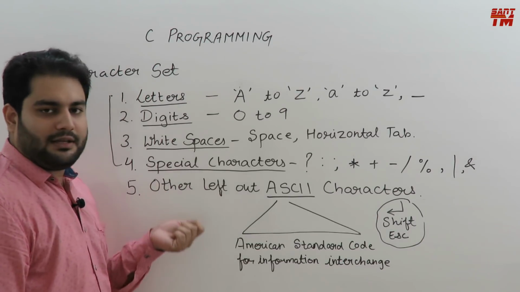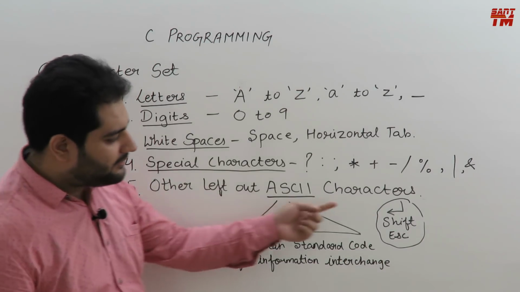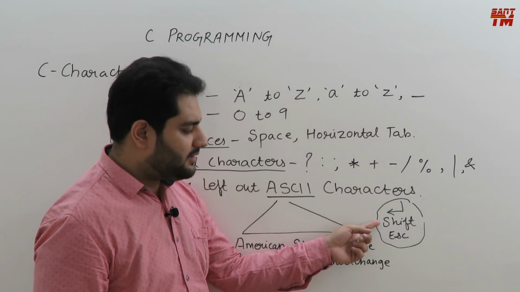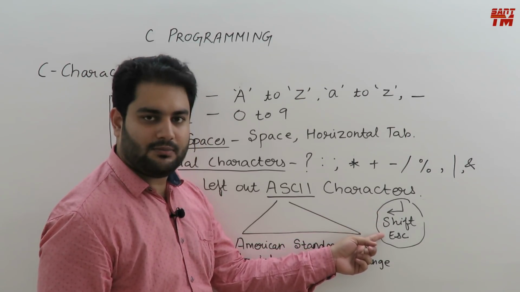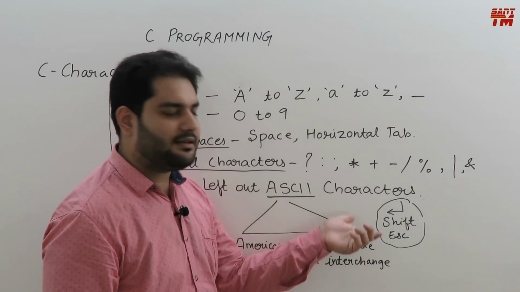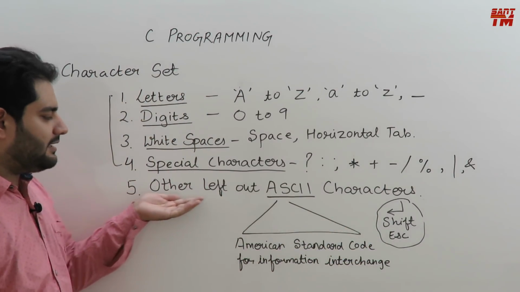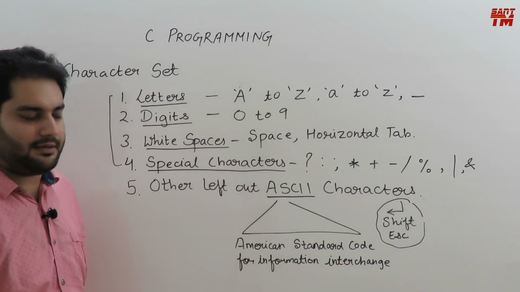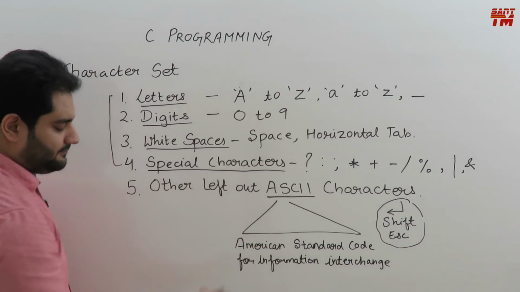Now what all characters are present in this category? You have seen the enter key on the keyboard, shift key, escape key. Similarly, there are other keys, Windows key, Alt key, many keys that come under the category of other left out ASCII characters. Now what is ASCII?